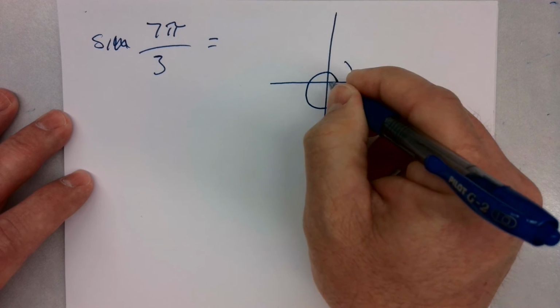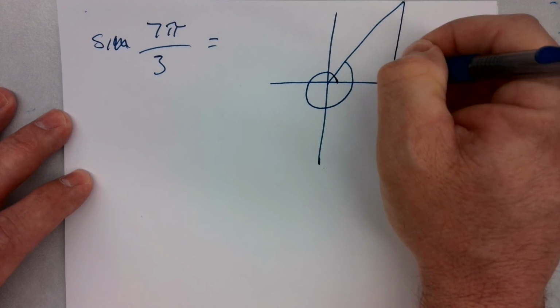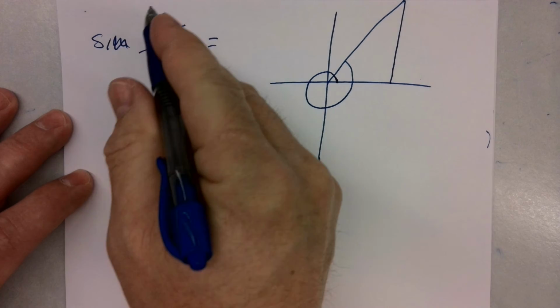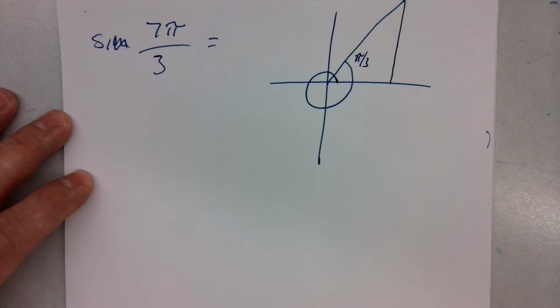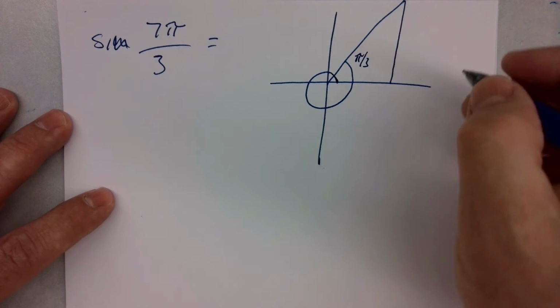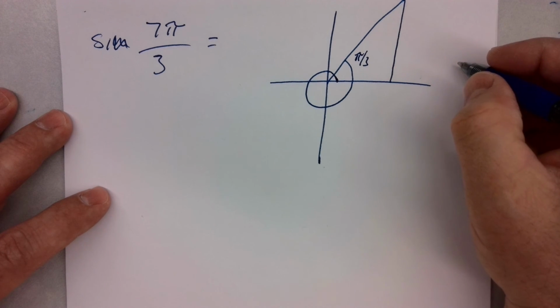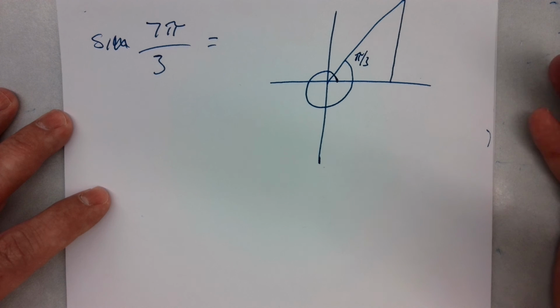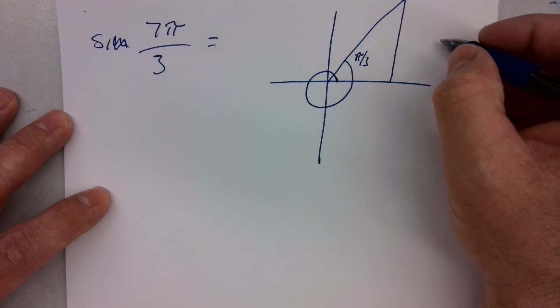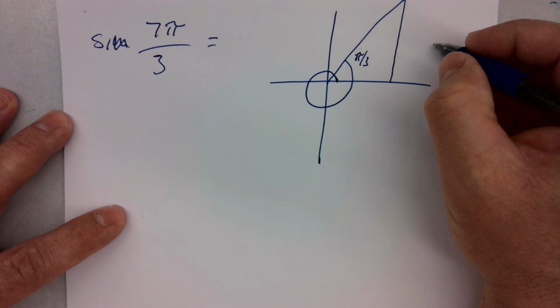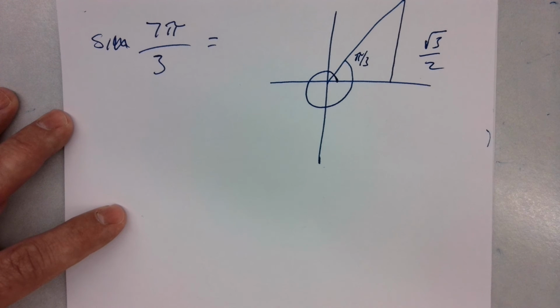So 7 pi thirds and pi thirds end up being the same thing, right? So what's your ratio? You did radical 3 over 2. Root 3 over 2, is he right? Yeah. Okay.